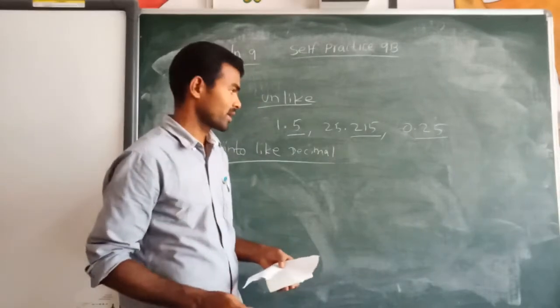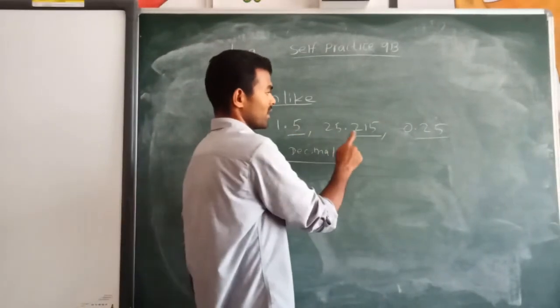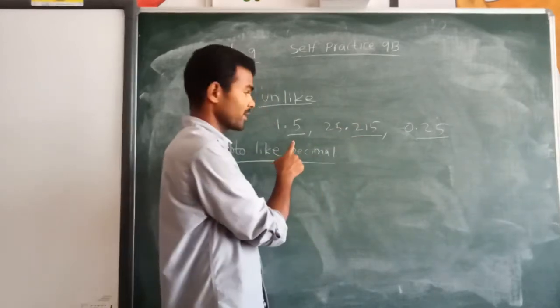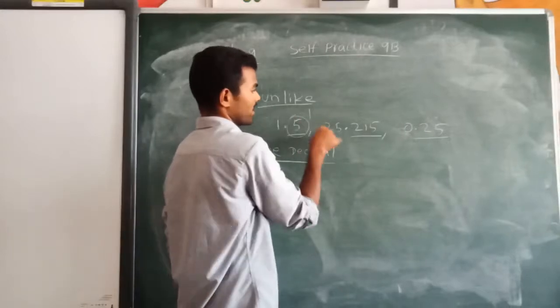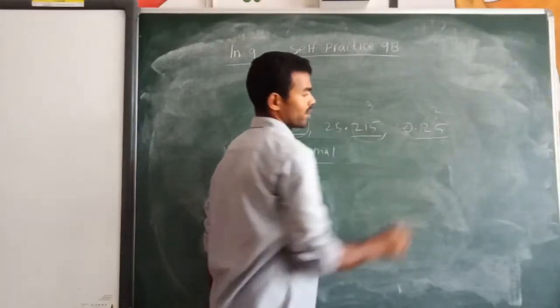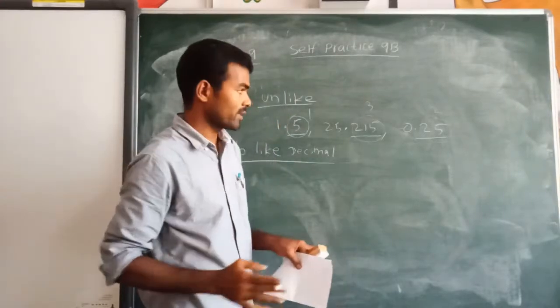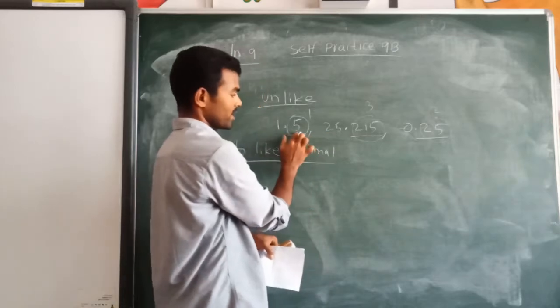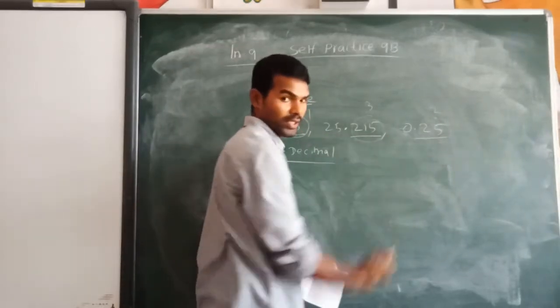See here, what is the maximum decimal place? Here it is 1, here 3, here 2. The maximum decimal place is 3, so make this also 3, and this also 3.